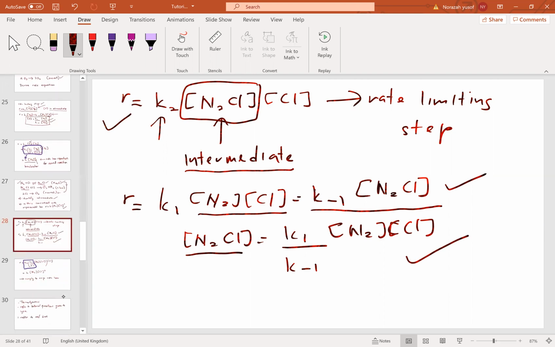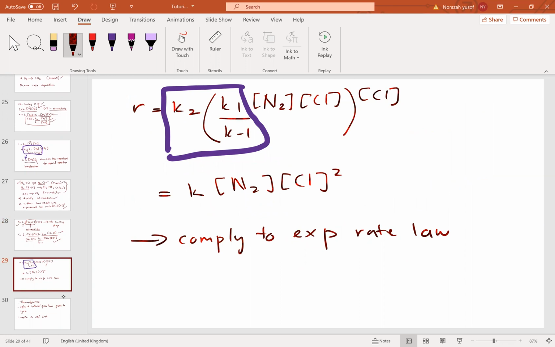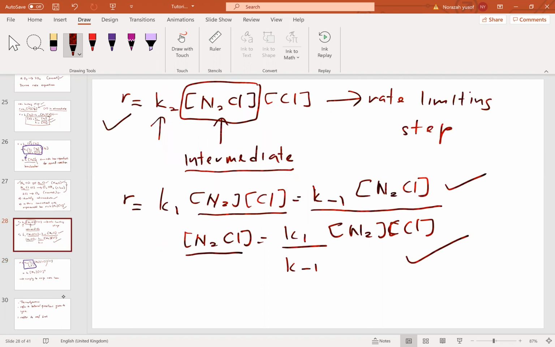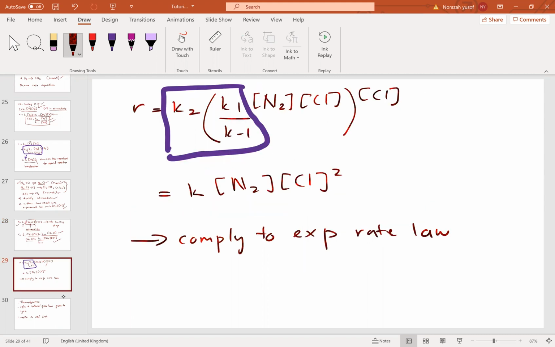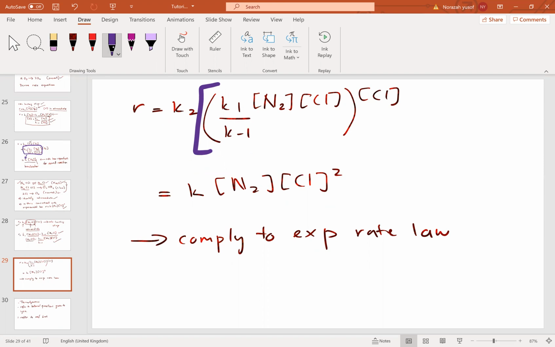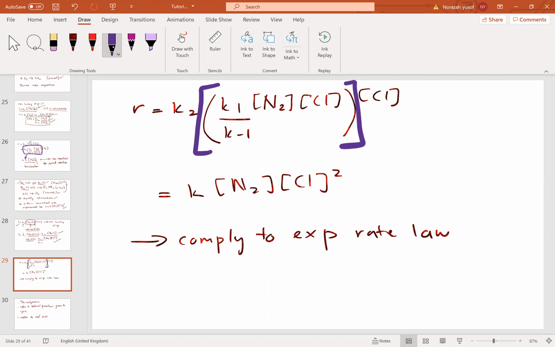Then we replace the expression of N2Cl in the rate equation with the new one.